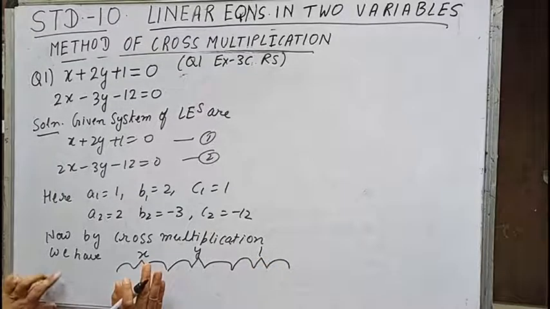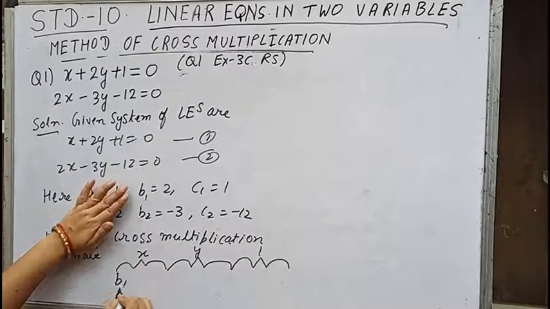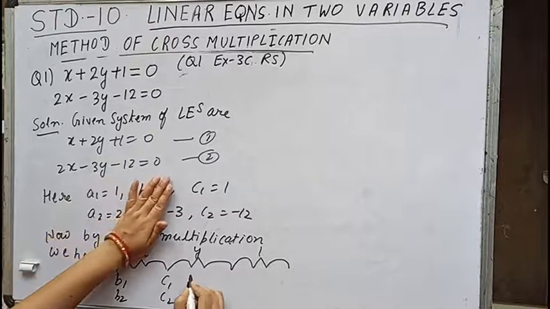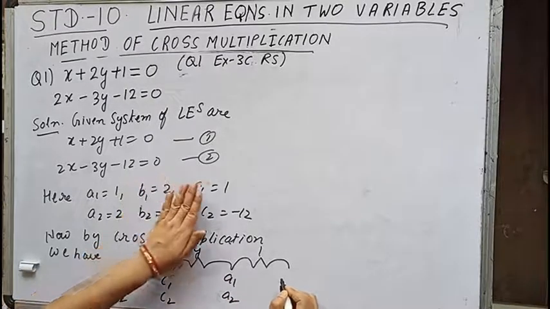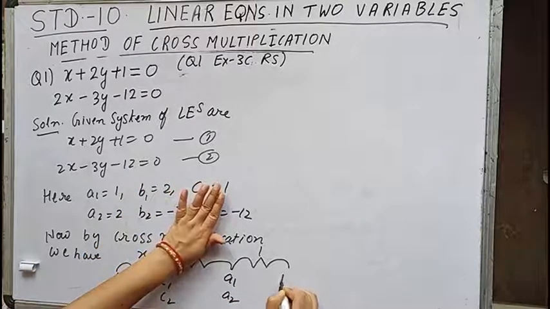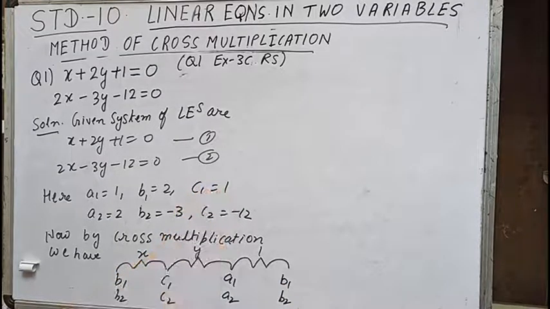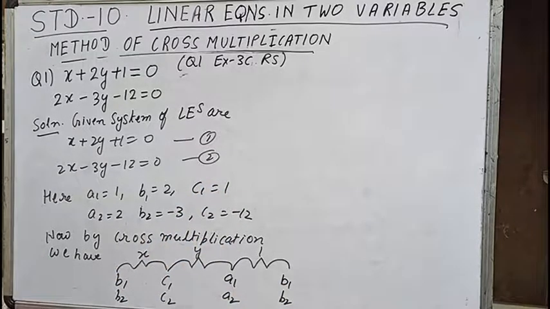Now below x, what we write over here? b1, b2, then c1, c2. Below y, c1, c2 written. So what is left? a1, a2. And below the constant term, a1, a2 written. So we will be writing b1, b2. Now let us write the values.